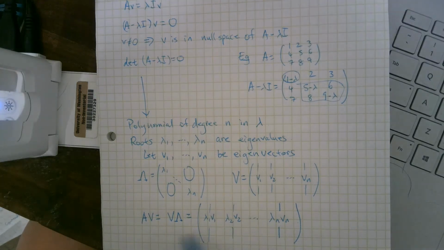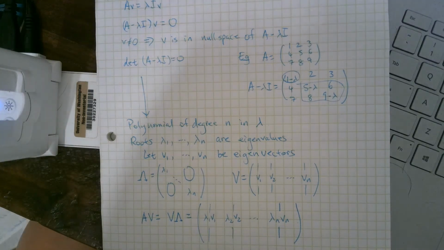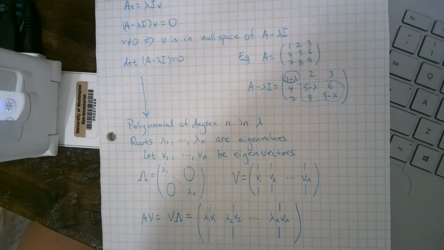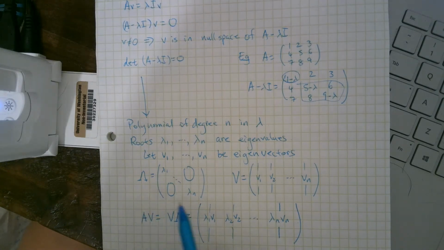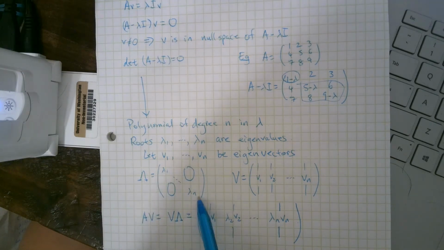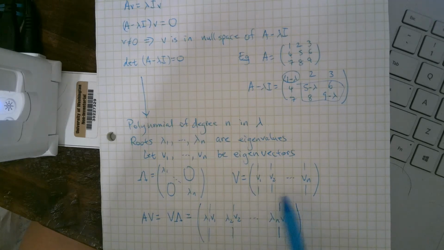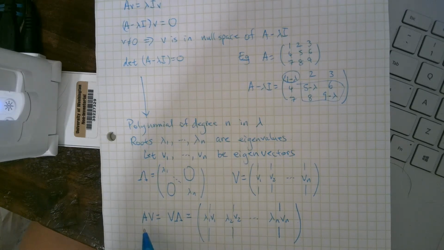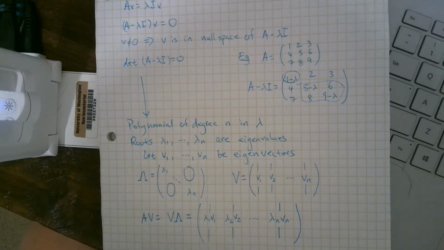These are equal. Okay, and what we would like to do, because we like capital lambda, this is a nice matrix. It's a diagonal matrix, zeros everywhere else. We kind of like V, because we kind of know how to find the eigenvectors. What we don't like is A, because A can be any crazy matrix.